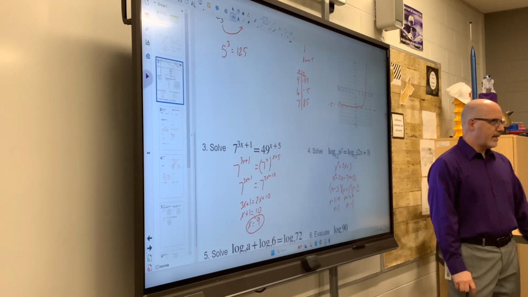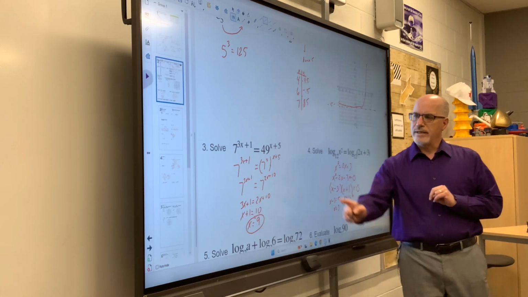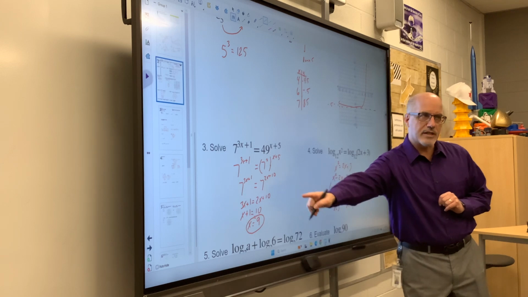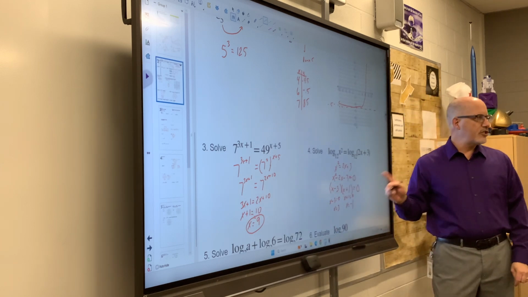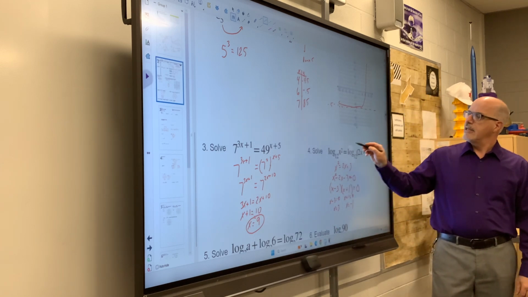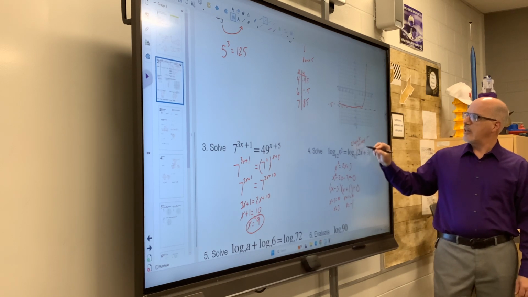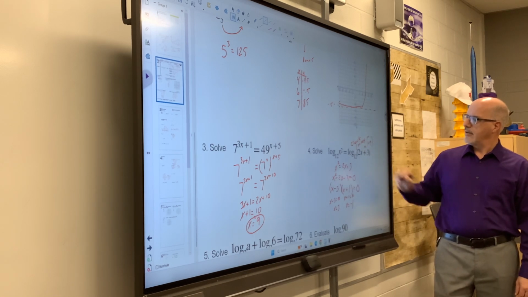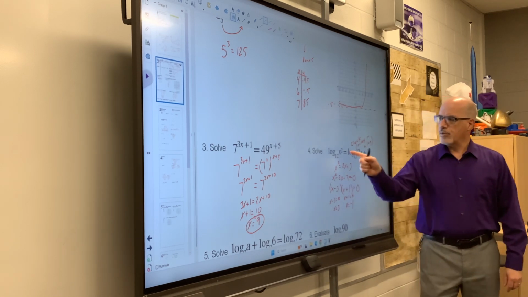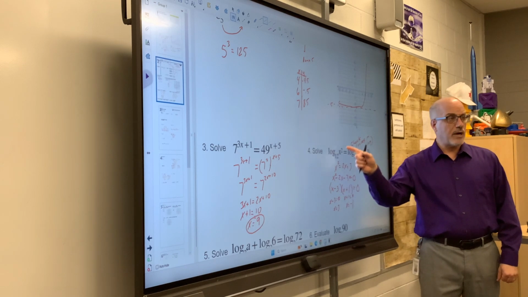Okay. Now you get two answers. Now, we didn't have to check that one with exponentials, but you do have to check it with logs. Check, and the idea is no negative in a log. If I put in 3 into here, that's positive.